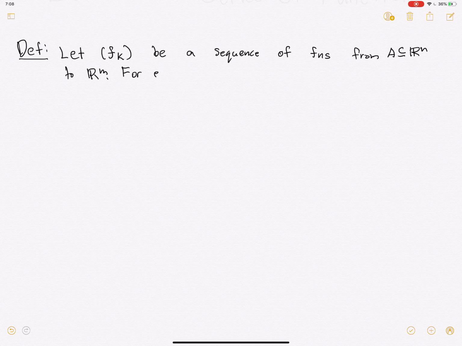Then for every x in A, we define the series f(x) equal to the sum from n equals 1 to infinity of f_n(x).